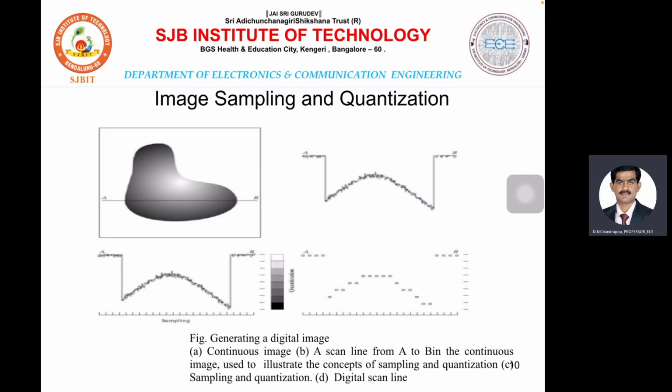In the previous slide, the gray scale was divided into 8 discrete levels, ranging from black to white. If you consider gray levels ranging from 0 to 255, the number of different gray levels to be considered depends on the vertical proximity of the sample.